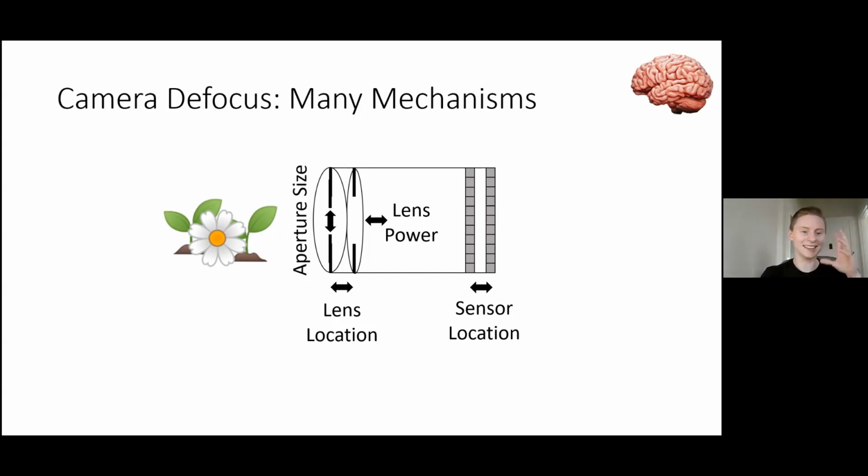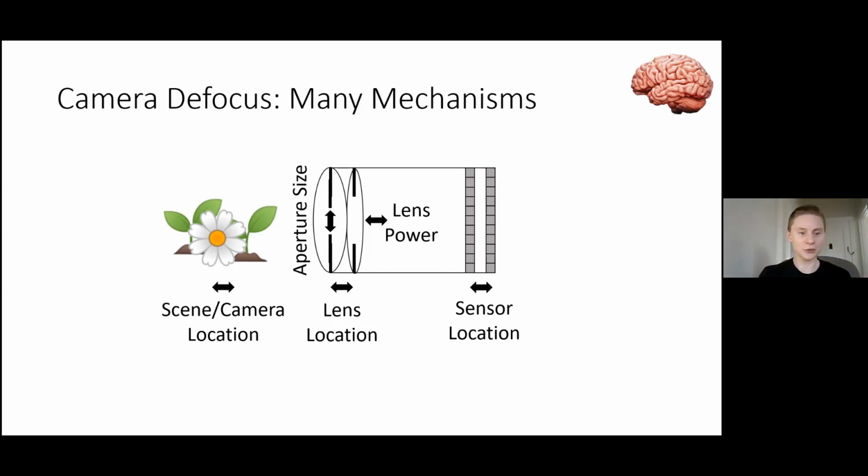You can also, this was common in early depth and defocus work, just squint down and change the size of the aperture. That will change the overall scale of the blur, although it won't change the fixed in-focus point. And of course, the one that I mentioned before is that you can change either the location of the scene or the location of the camera so that the relative depth is different.